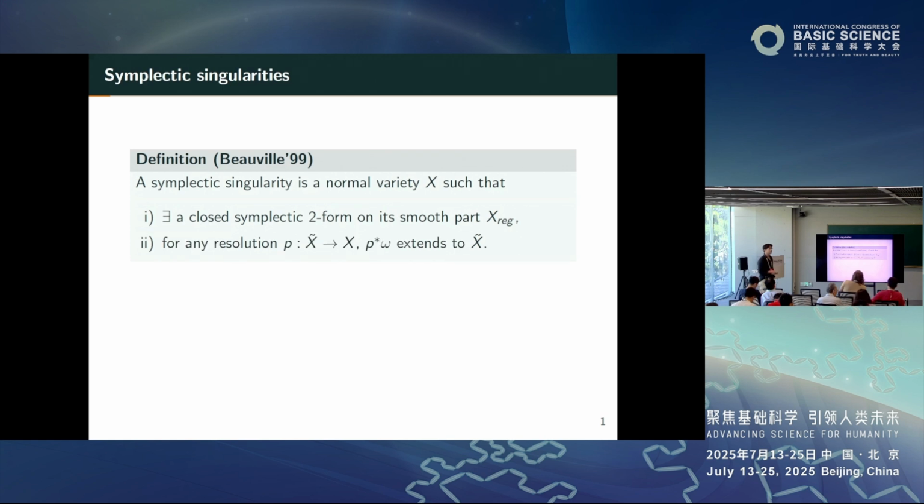And for any resolution, the pullback of this two form extends to the whole resolution. So this doesn't require that this pullback is symplectic. And you can replace "any" by "one".